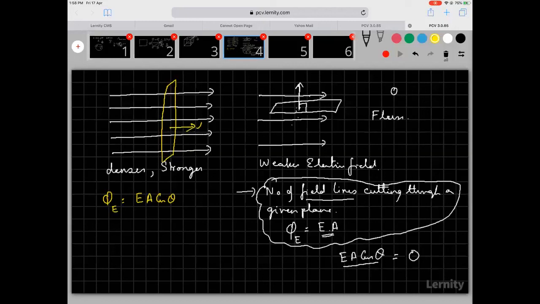So now the area vector and E vector are parallel. So the angle there is 0. So it is equal to EA. So this is how you can find out the electric flux. So when the area is perpendicular, when in this configuration, the flux is maximum. In this configuration, the flux is minimum.